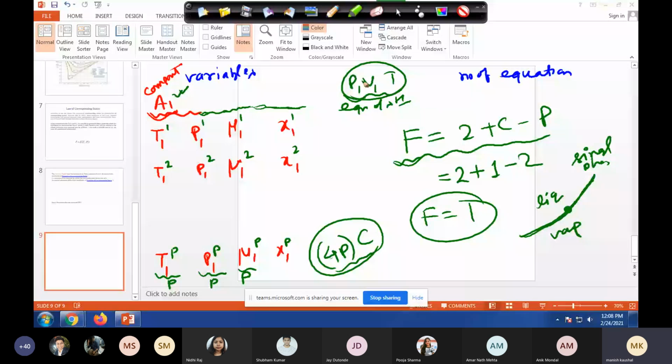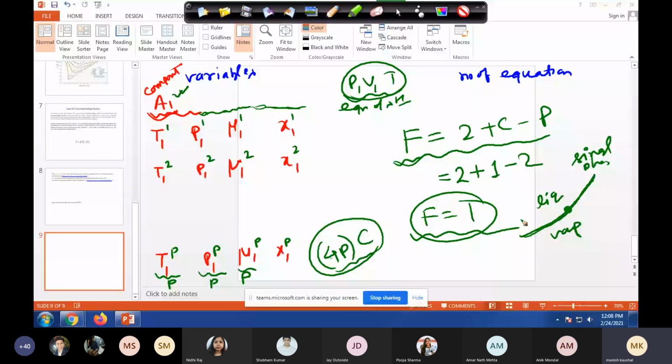What do you think? Can we vary both things independently along saturation line? No, sir, because if you know temperature, pressure is fixed. So how many variables you can vary independently, and other things automatically fixed? 1. So that's what we are getting. Degree of freedom 1. That's what I'm trying to say.